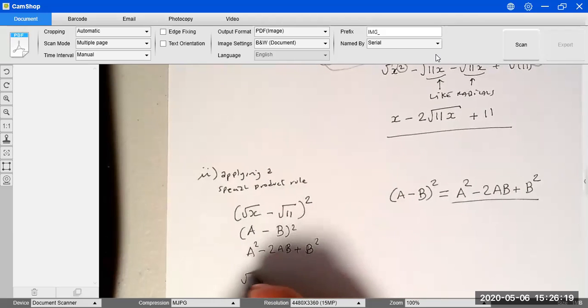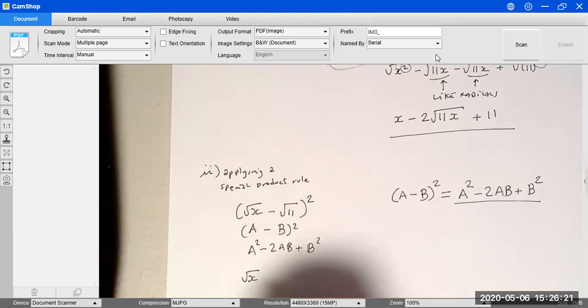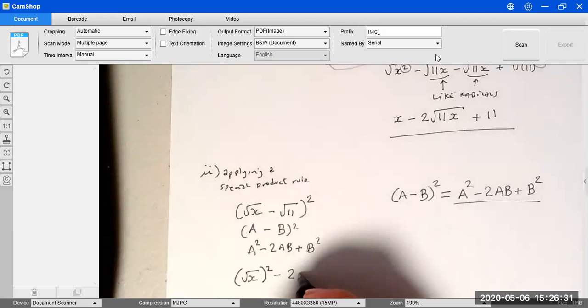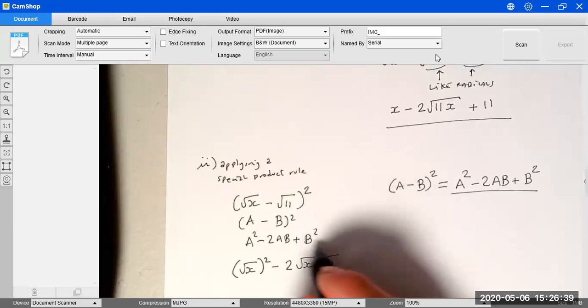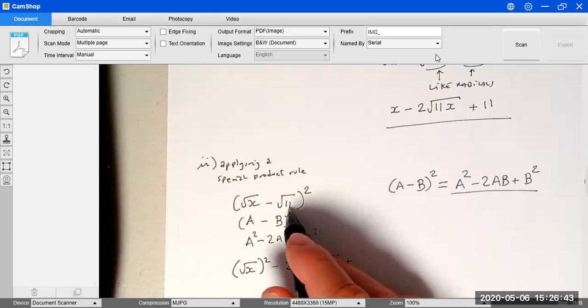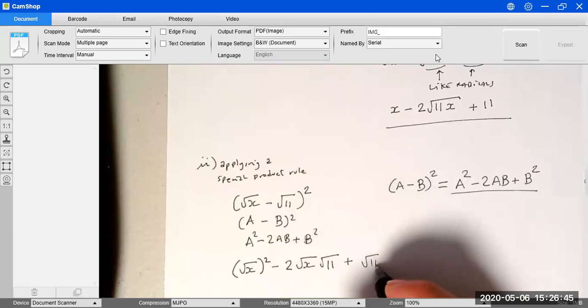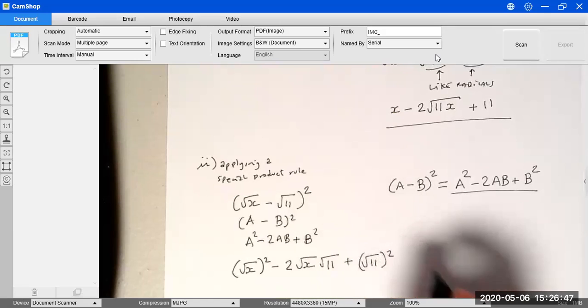A is square root of x, and that is going to be squared. Then I have minus 2 times the product of a and b. So a is the square root of x, and b is the square root of 11. Then I have plus b squared, and b is the square root of 11, and we're going to square that.